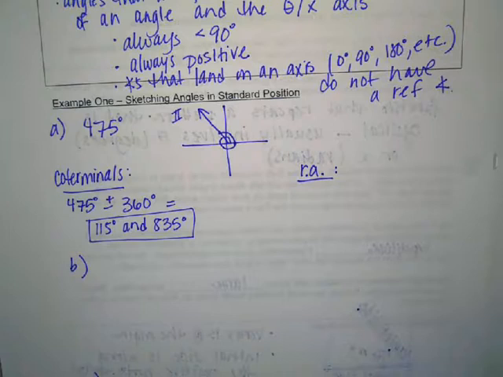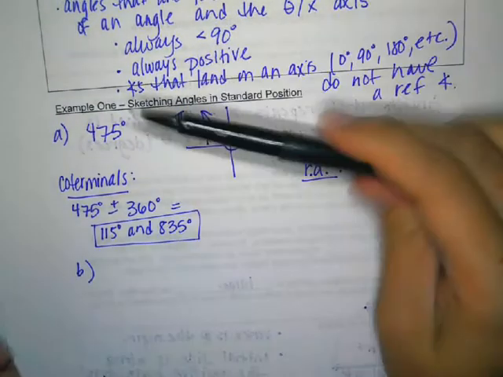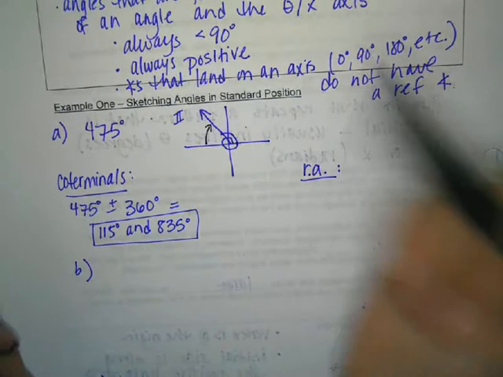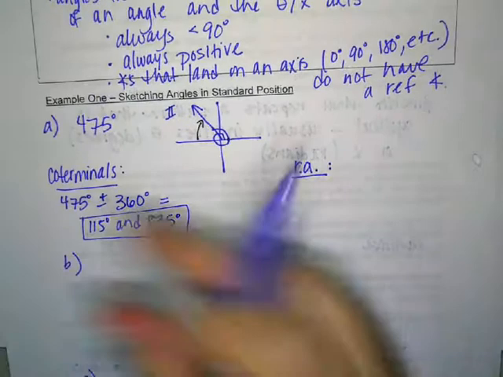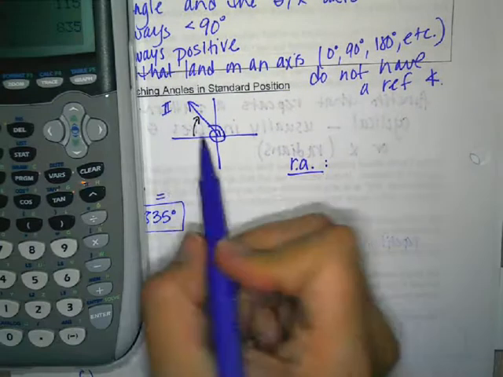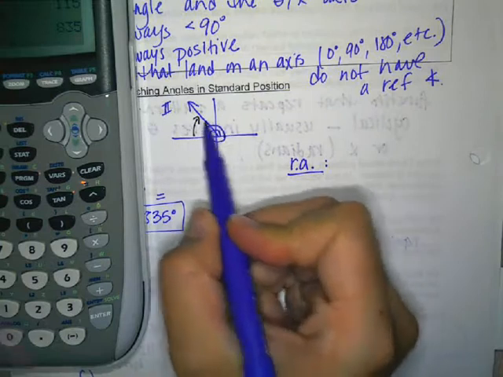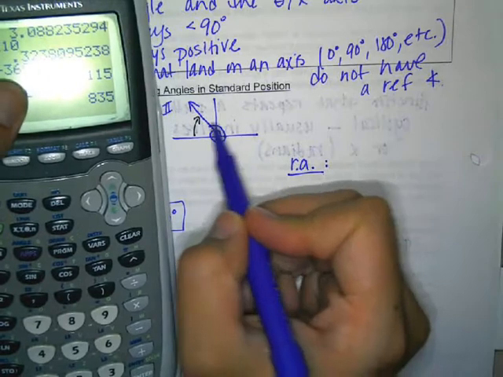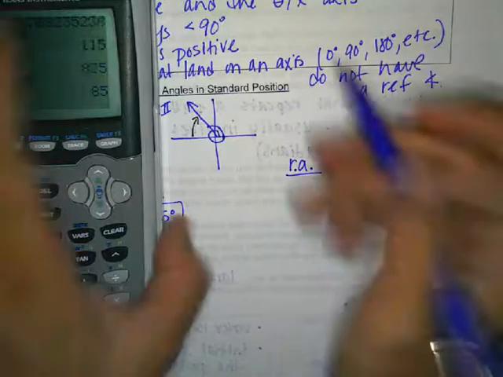Reference angle is the angle between the horizontal axis, so my x-axis, and the terminating side. So I have to figure out what that space is, and that's my reference angle. To figure out what space that is, I know that this is 180. I know that this right here was 115, because when I took away a trip around the circle, I was left with 115 degrees. So I'm going to take 180 and subtract 115, and I get 65.